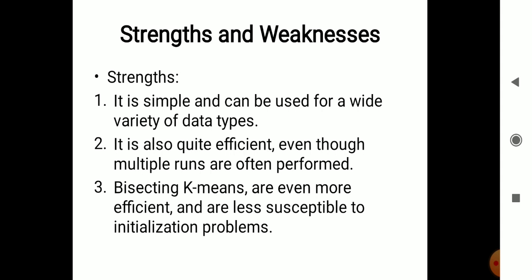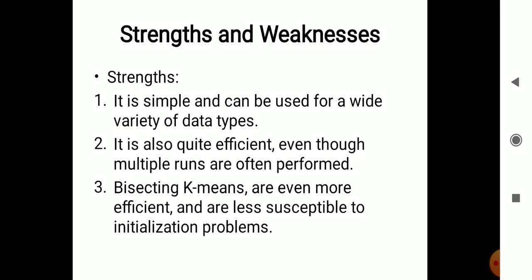And let us see what the strengths and weaknesses of the K-means algorithm are. Coming to the strengths of the K-means algorithm, it is a very simple algorithm and it can be used for a wide range of data types. Different data types can be applied, and it is a very efficient algorithm, though it may be executed for multiple runs.